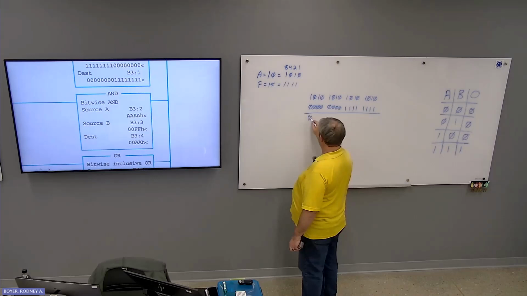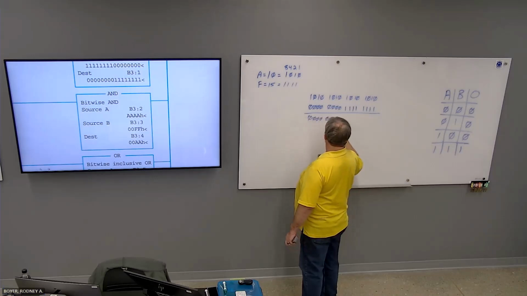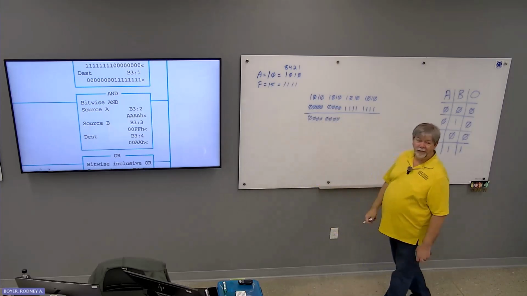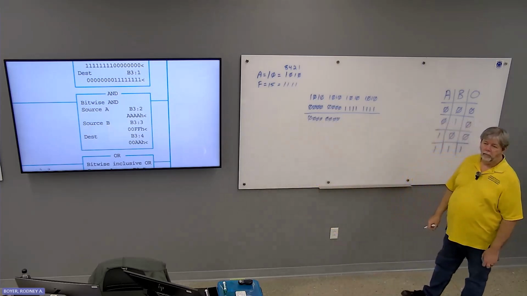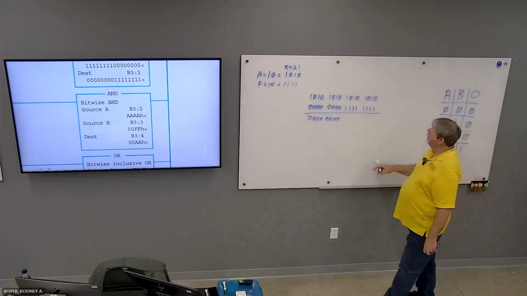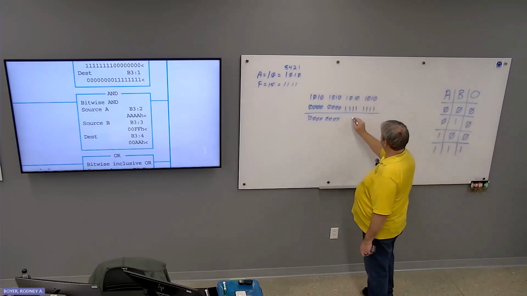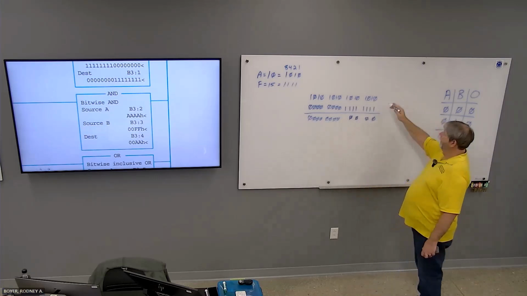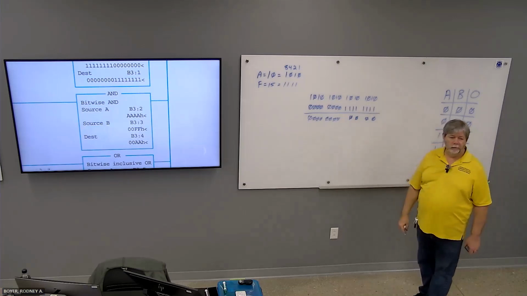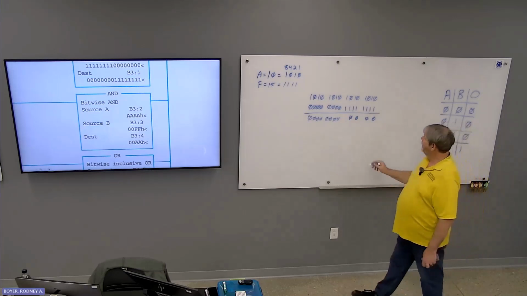So we can get rid of those right away. Anything ANDed with a 0 is a 0, so there's a 0 there, 0 there, 0 there, and a 0 there. And then 1 ANDed with 1 is a 1.